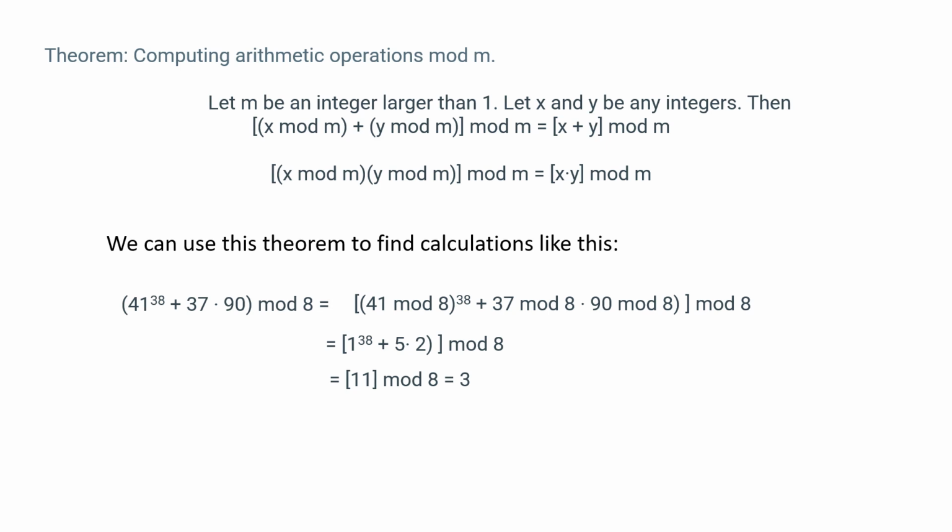So again, this theorem just says we can either do it once at the end or all over the place. Now notice we didn't do it in the exponent, because this doesn't say we pull in the mod from the exponent. I didn't find 38 mod 8. It's just into all the additions and multiplications.